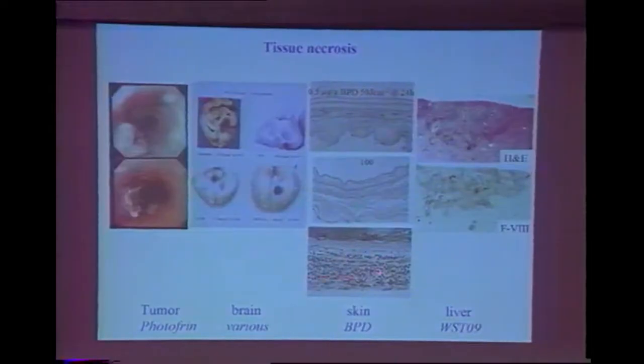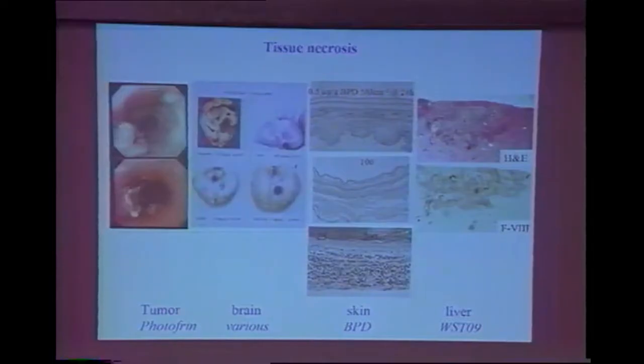So you see you produce this massive necrosis. And here's a liver section with the light coming from the surface, and you see this region of necrosis produced by H&E. Oh, this is a stain, factor 8, which stands for vasculature. So you see the effects on the tissue.